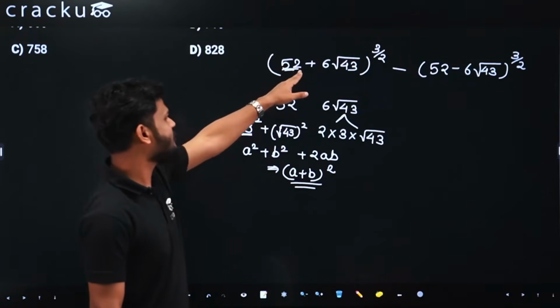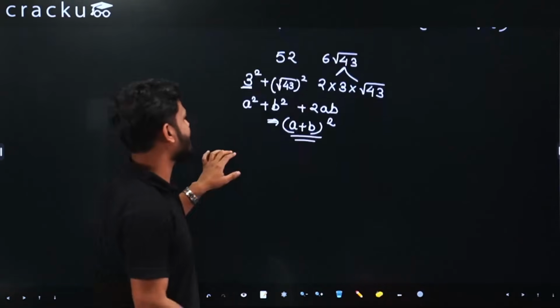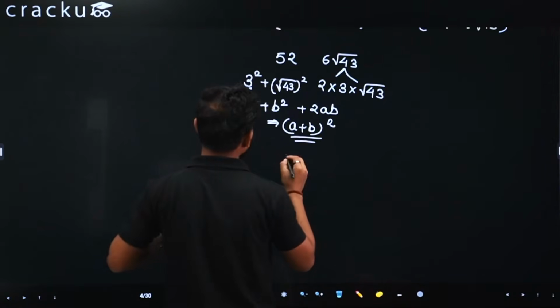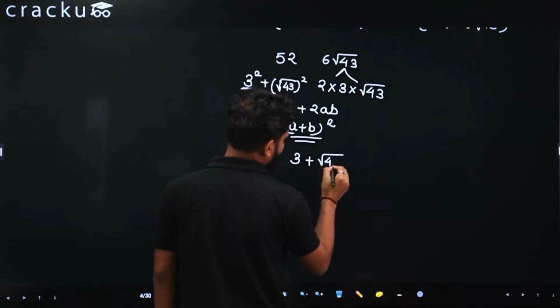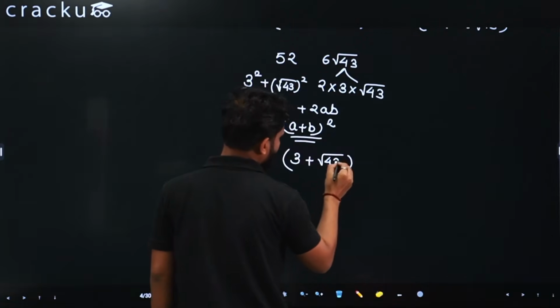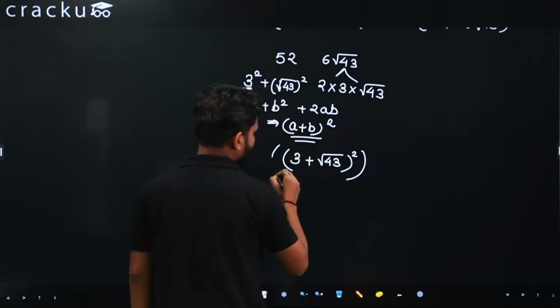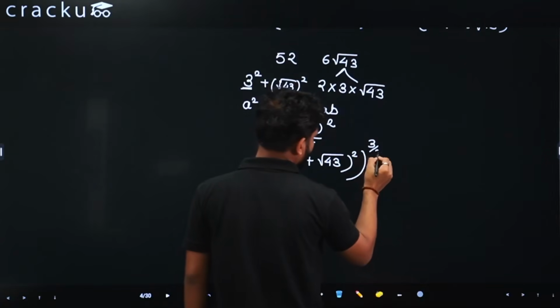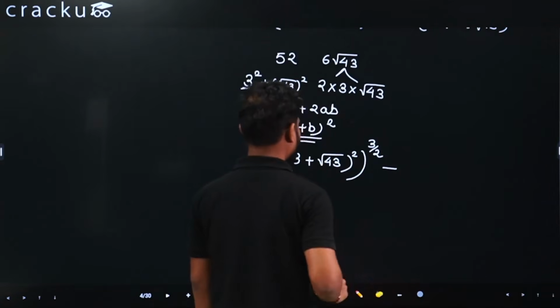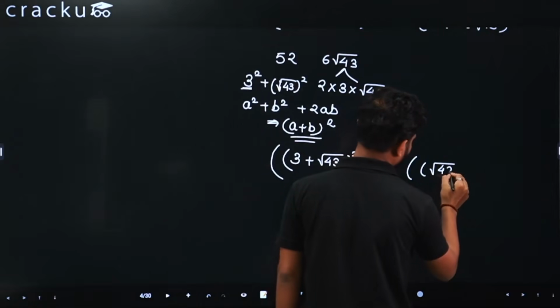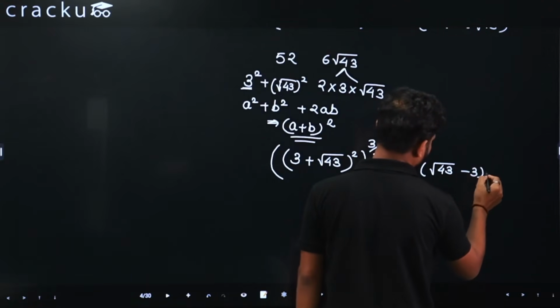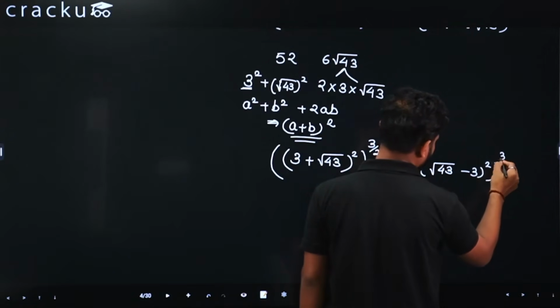So I can write 52 plus 6 under root 43 as 3 plus under root 43 whole square, and which is raised to 3 by 2. Similarly, I can write this as under root 43 minus 3 whole square raised to 3 by 2.